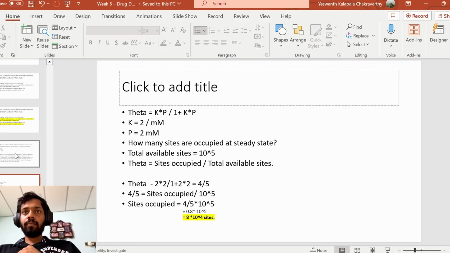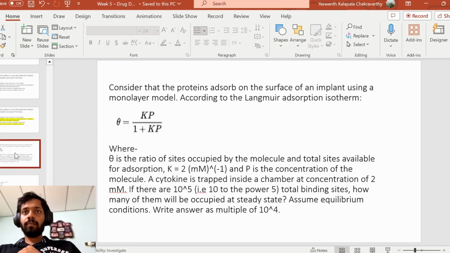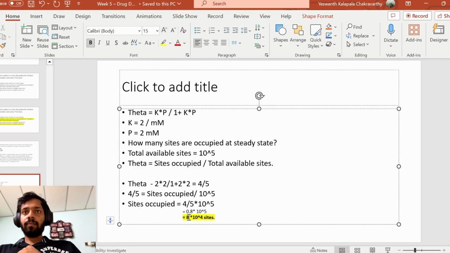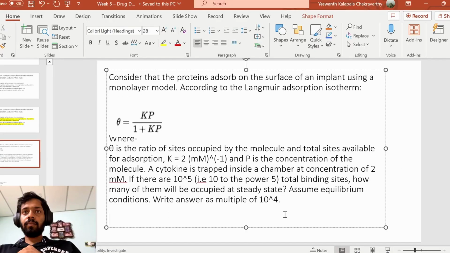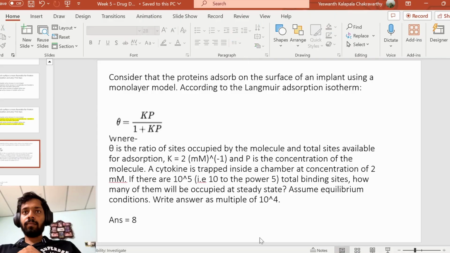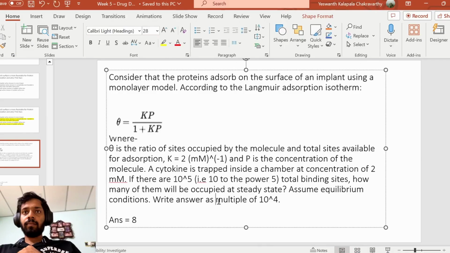Yeah, so fairly straightforward question. Since they're asking you to write the answer as a multiple of 10 power 4, you will just write the answer as 8. So the actual answer is 8 times 10 power 4, and since they're asking you to write it as a multiple of 10 power 4, the answer would be 8.